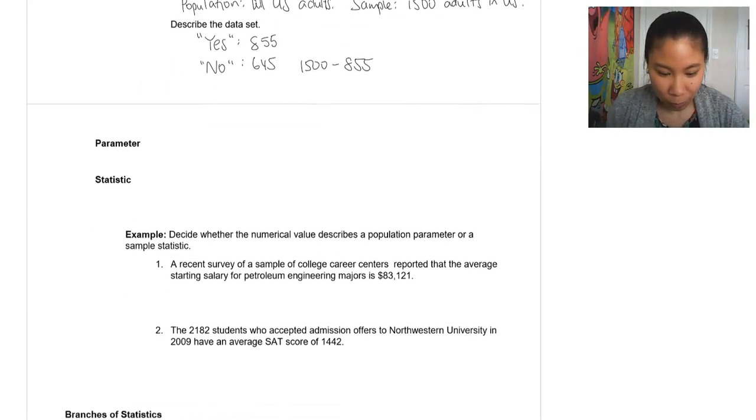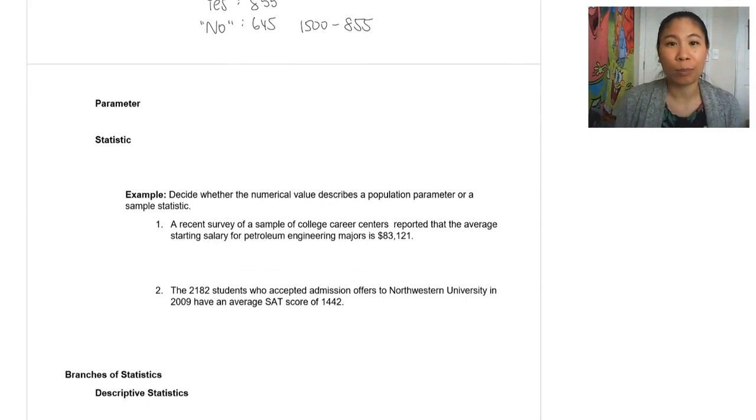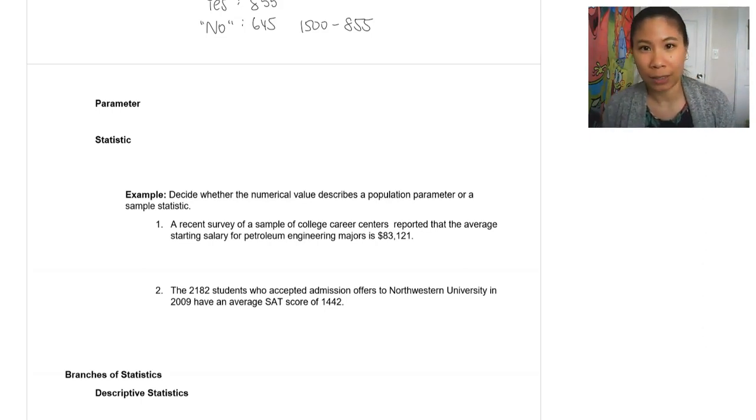So next, a couple more vocabulary words: a parameter and a statistic. Both of these describe a number, but the number depends on where it came from. When we talk about gathering data, those 855 yeses and 645 nos that we just did in the last example, that's data that was gathered from a sample.